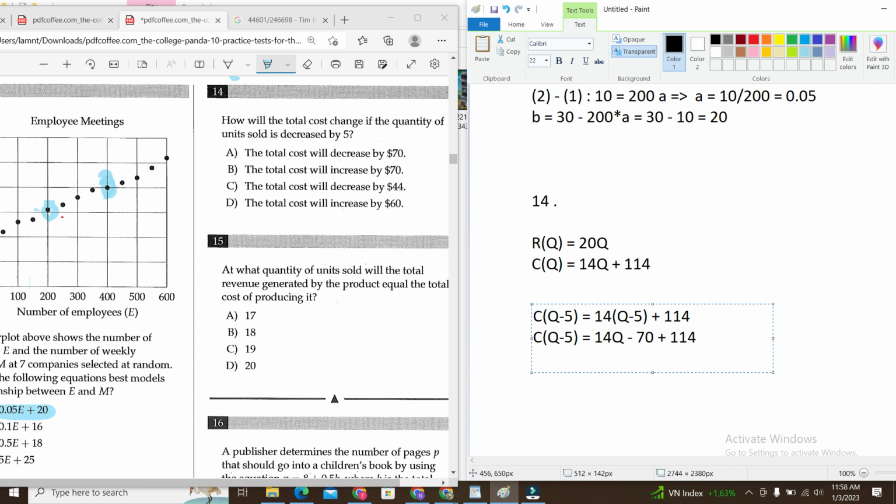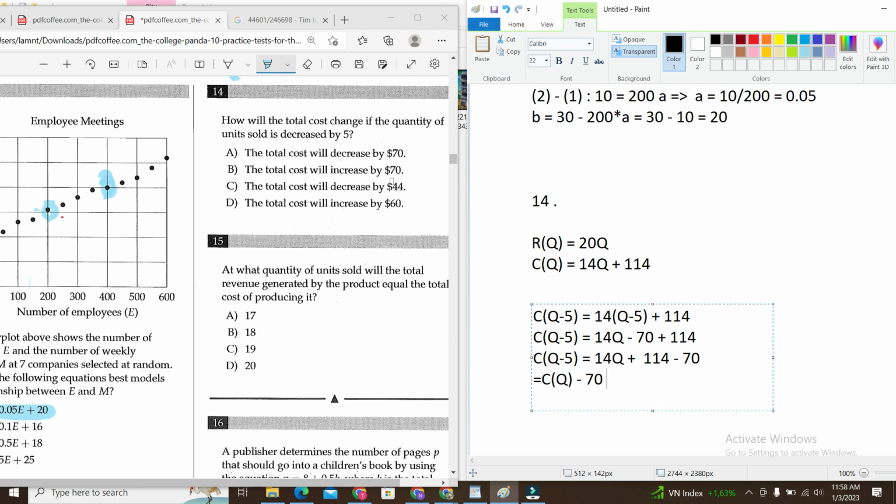So we can rearrange a little bit. C of Q minus 5 is 14Q plus 114 and minus 70, just a rearrangement. But we know that 14Q plus 114 is just C of Q, so that's minus 70.